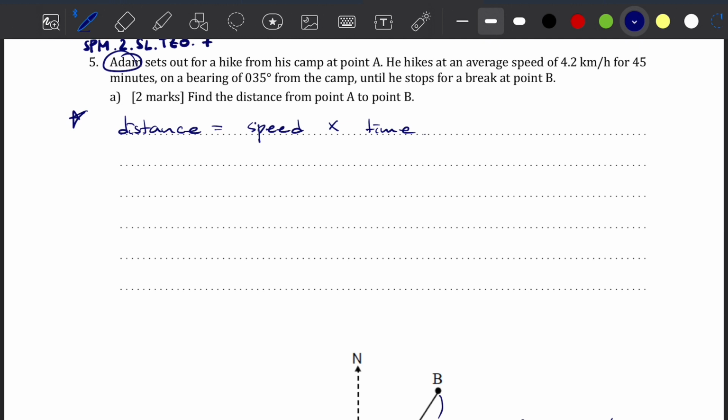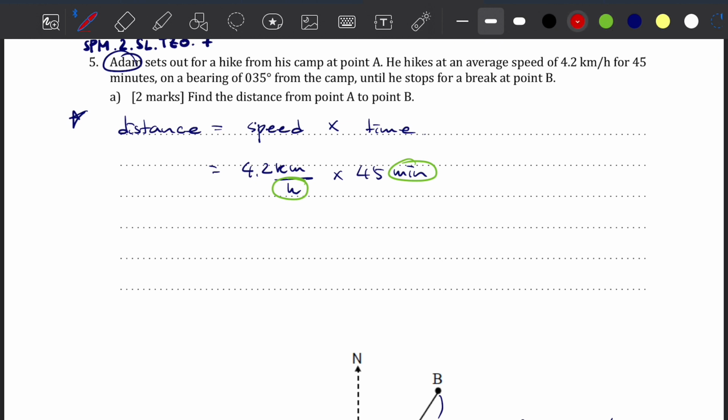So to find the distance, you have to multiply the speed 4.2 km per hour with the time 45 minutes. However, you can see that the unit between the speed and the time is different, right?